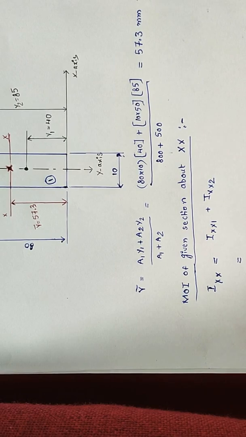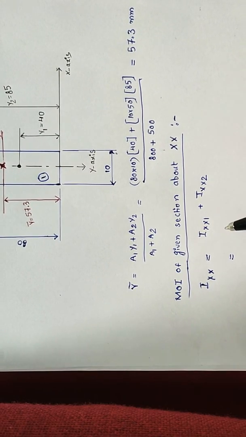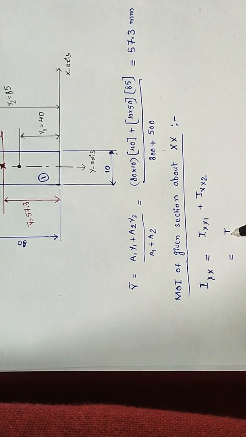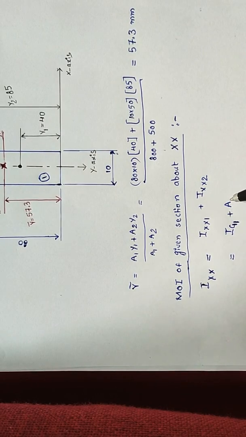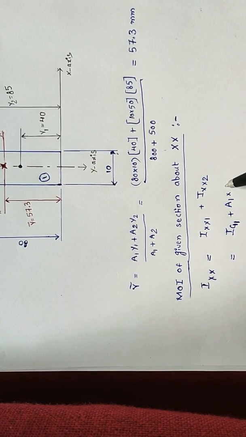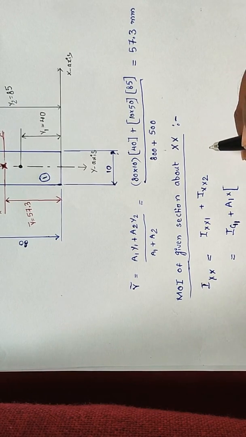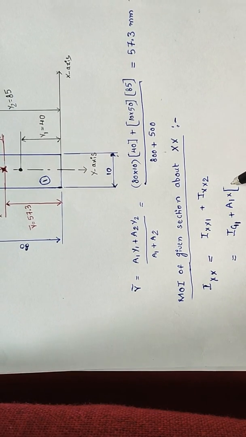So by applying the parallel axis theorem, Ixx1 means moment of inertia about the centroidal axis of that first element plus A1 into the distance between the two axes, that is here.